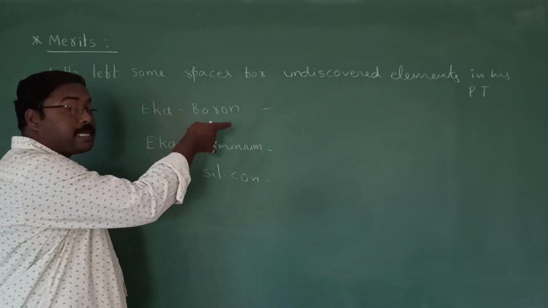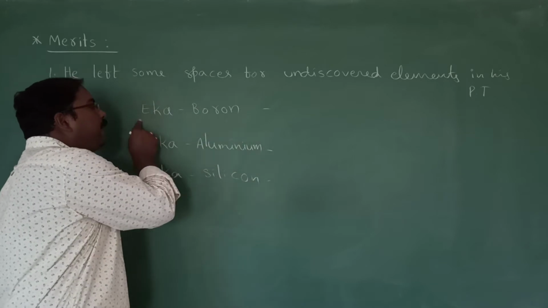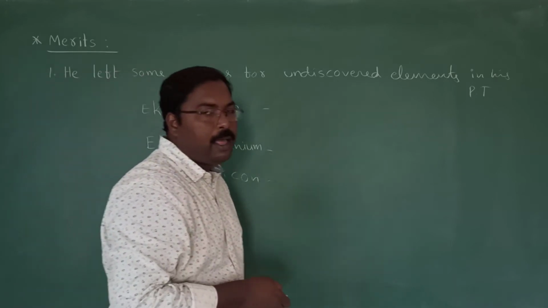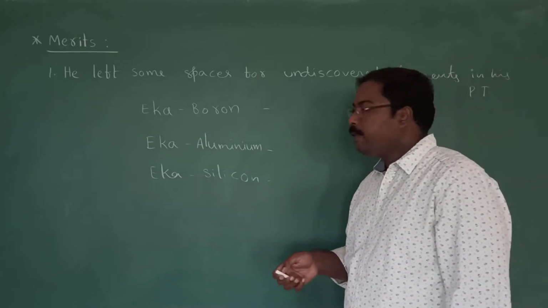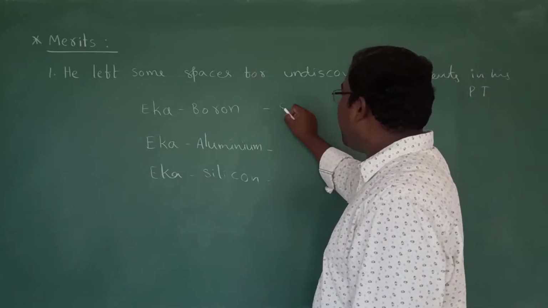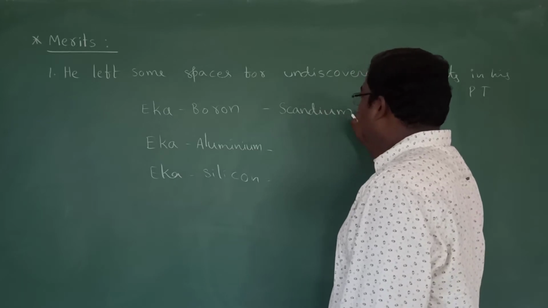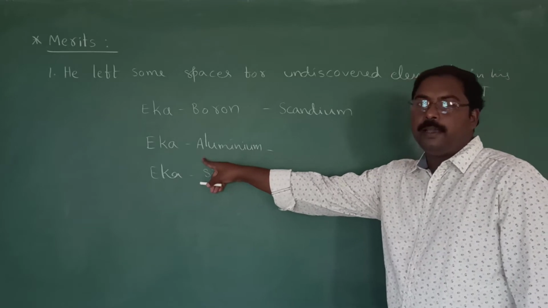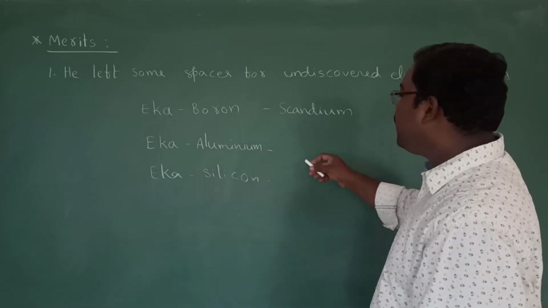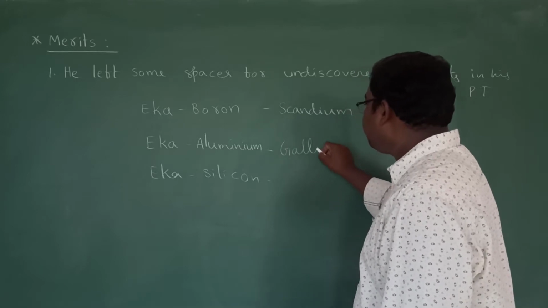Boron was discovered by that time, but after boron he left a space and named that element Eka-boron. Later, the space was filled with the element named scandium. The element placed in the position of Eka-aluminium after its discovery was named gallium.